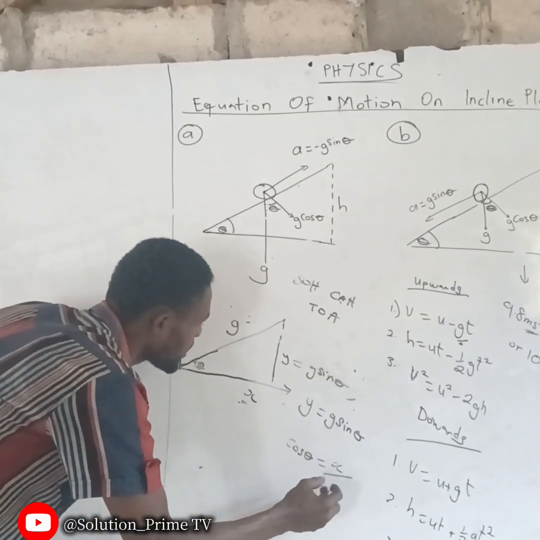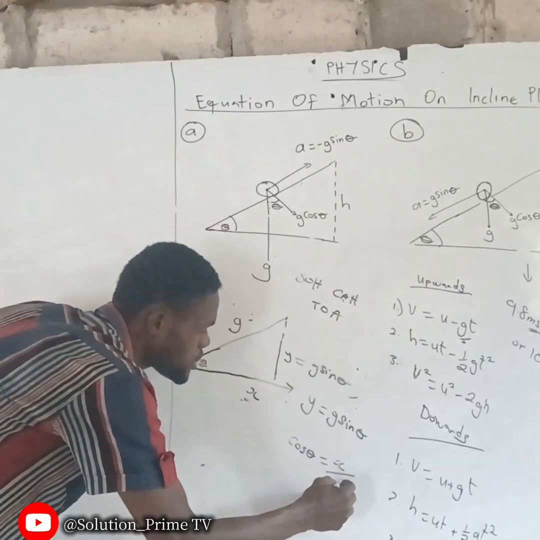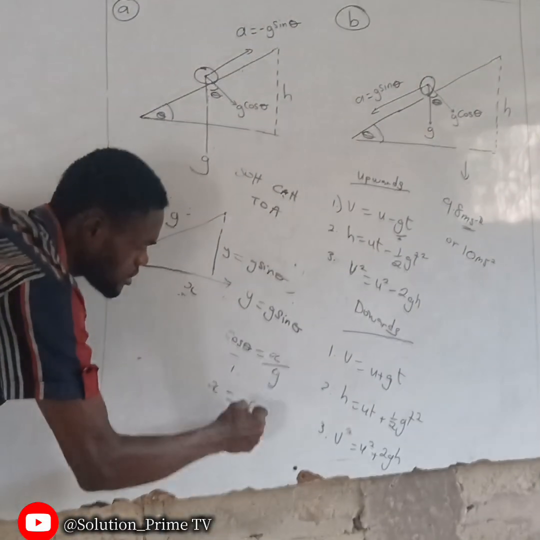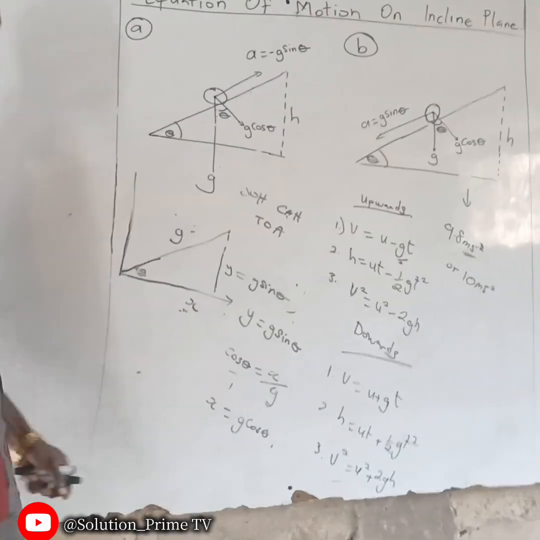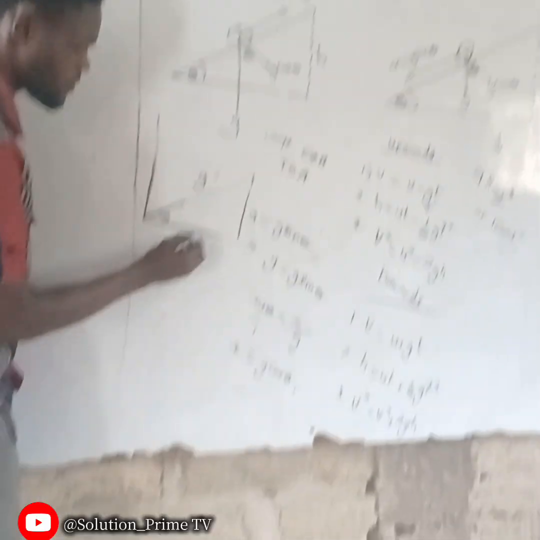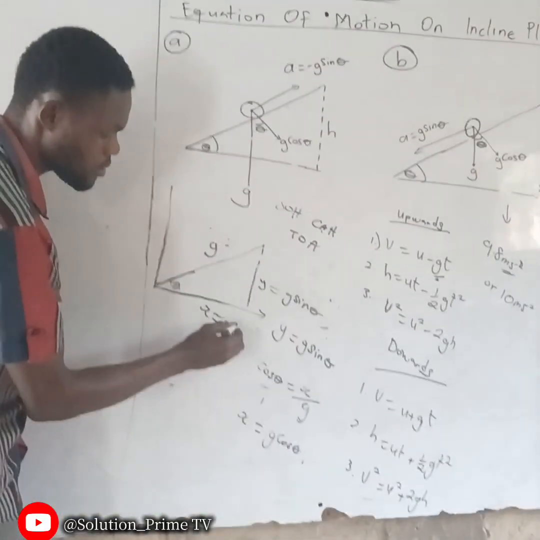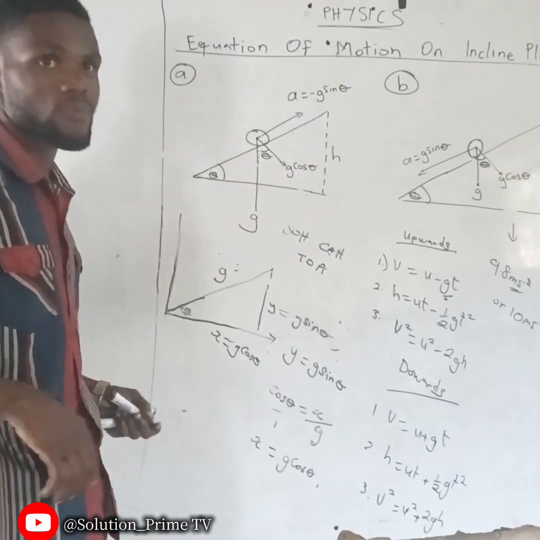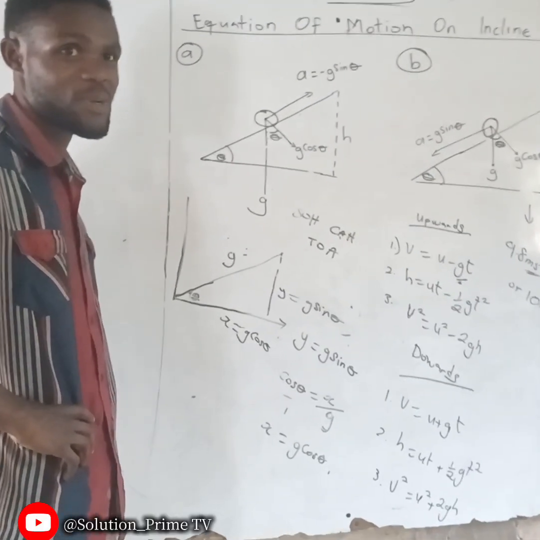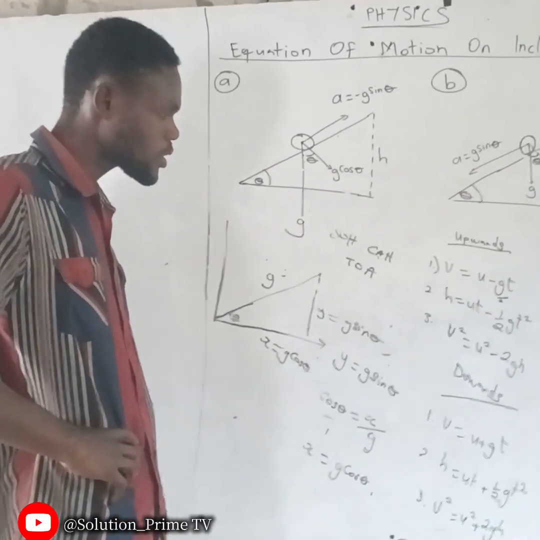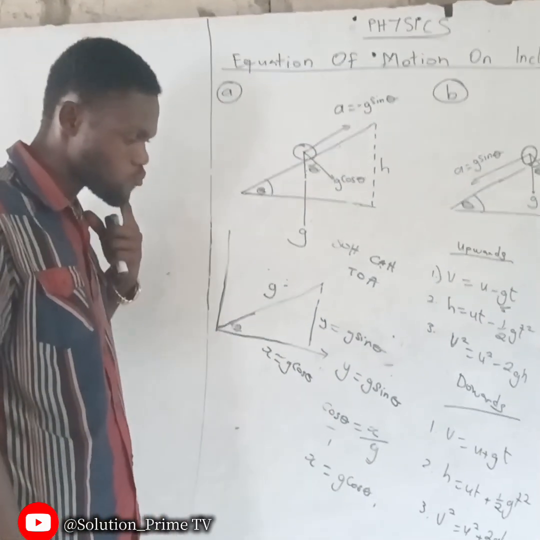Adjacent over the hypotenuse, which is g. So this is over 1. So 1 times x, g times cos theta. g cos what? Theta. So that is why here we have x to be g cos theta and y to be g sin theta. Okay, so that is the idea.